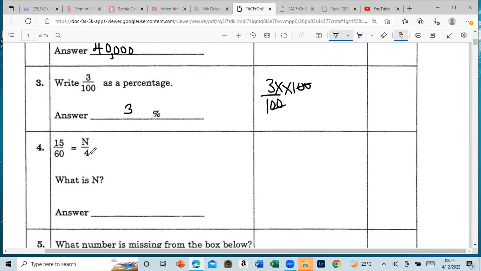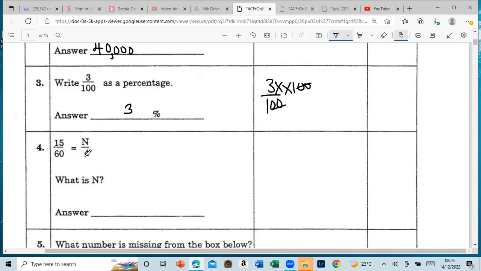Alright, it says now 15 over 60 is equal to n over 4. What is the value of n? Now, number 4 is what we call an equivalent fraction. So we're going to see two ways we can look at it. We can either divide 60 by 4, or we can say, yeah, that would be the easiest way.